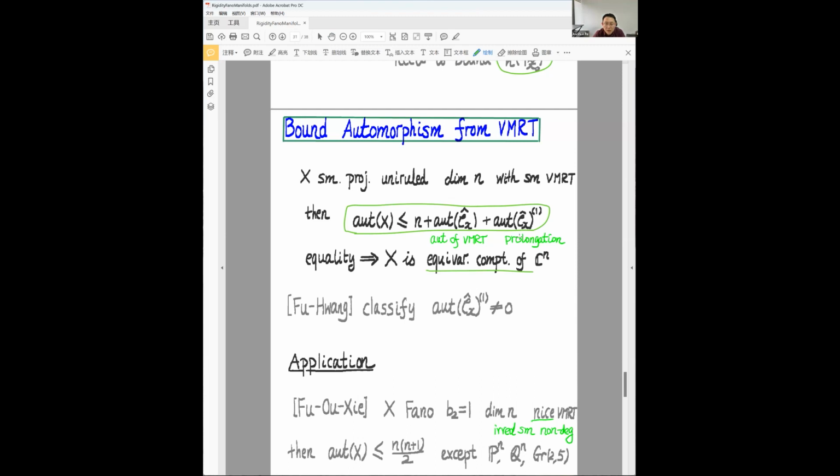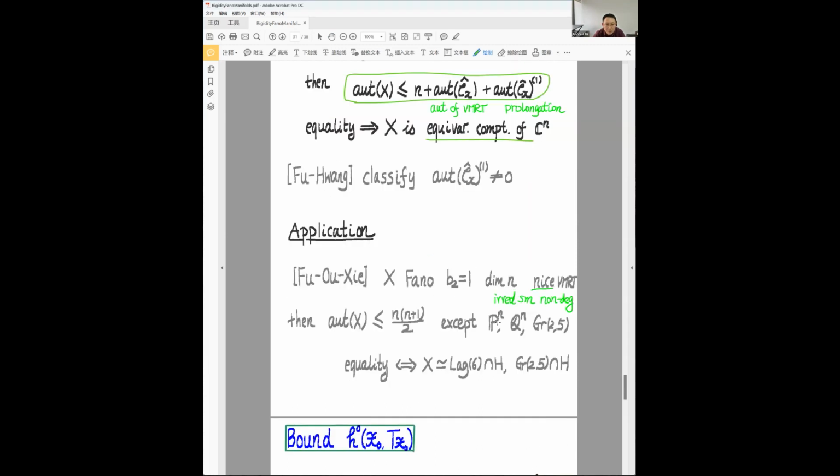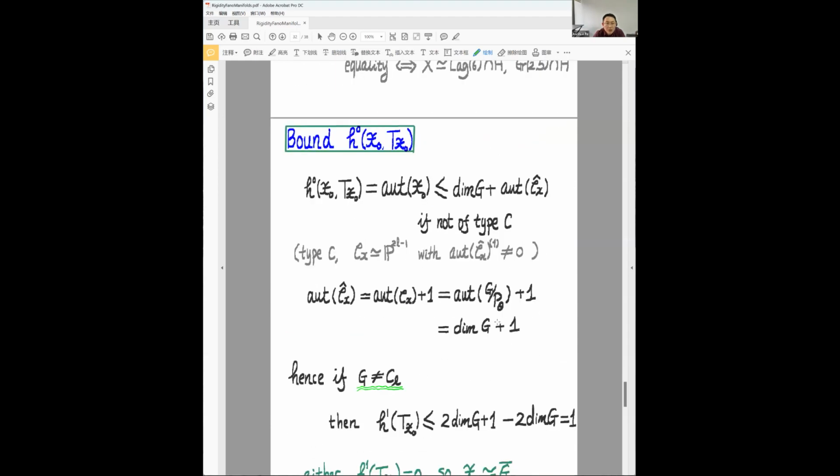And also we have a classification when the last term vanishes. I just skip this application.